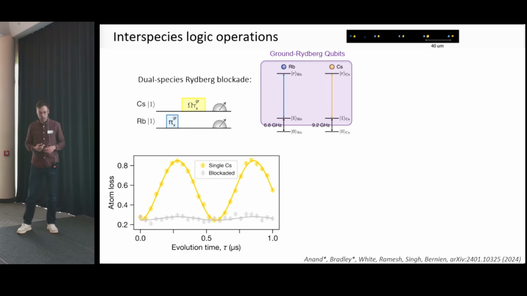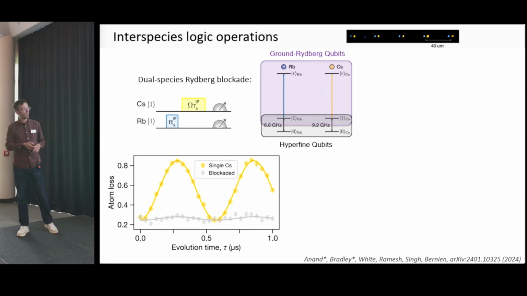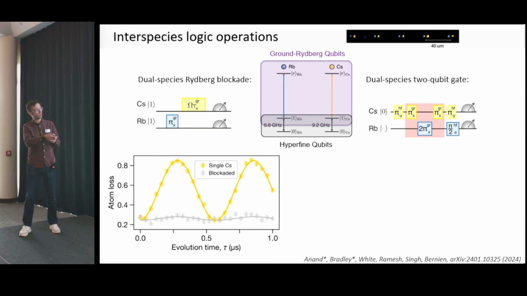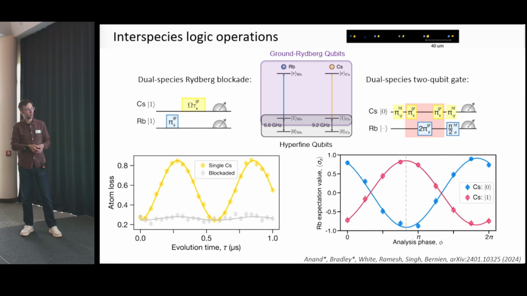And then with this conditional evolution, you can implement a gate between these hyperfine qubits. Okay, you basically do this pi, 2 pi, pi scheme, or this is what we did, where you have a conditional evolution of the atom that depends on the state of the control atom. And here we exactly see this conditional phase that is imprinted on the rubidium atom by the state of the cesium atom. And okay, with that you can make entanglement.